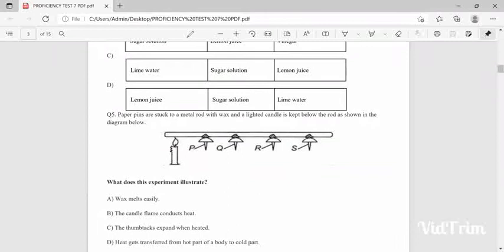Now the figure which is given in question 5 is also given in NCERT, and this question is based on how heat is transferred by the process of conduction. So here the candle is going to heat up the metal rod.